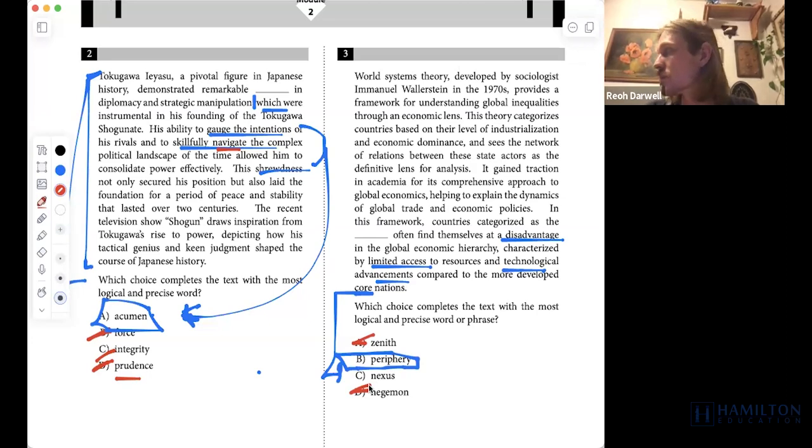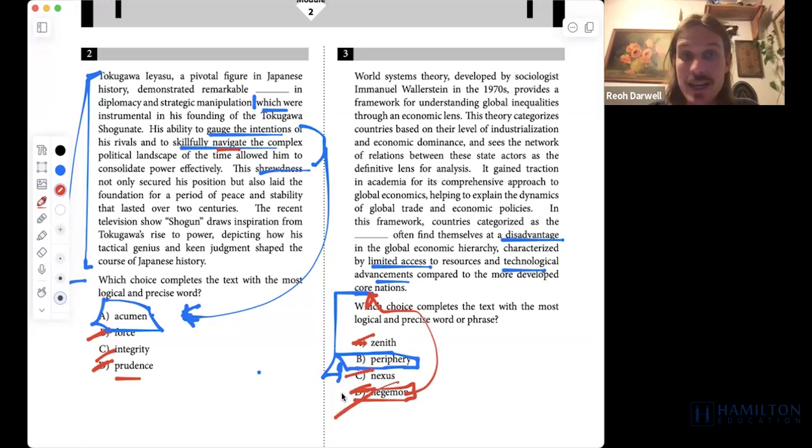You might say that LeBron James was at the zenith of his powers in his second stint as a Cleveland Cavalier, meaning that was when he was in his prime. A hegemon is also at the top, but particularly in a power or hierarchical situation. So the hegemon is the core here. So if you're selecting hegemon and you know what it means, it's probably because you're falling for an opposite distractor.